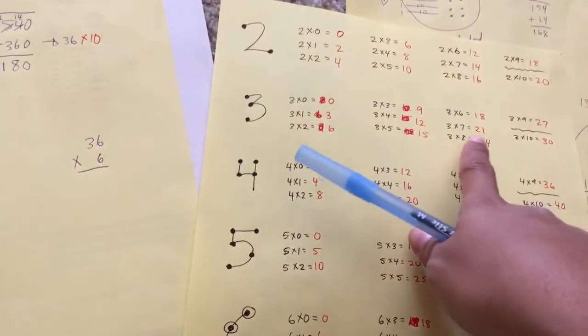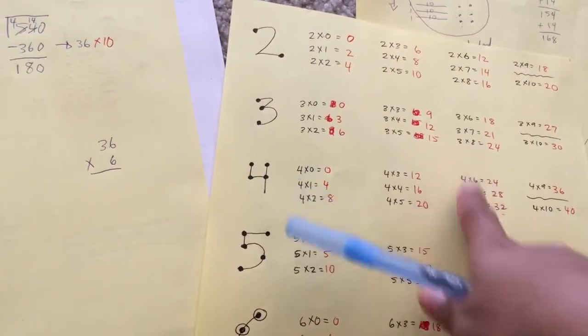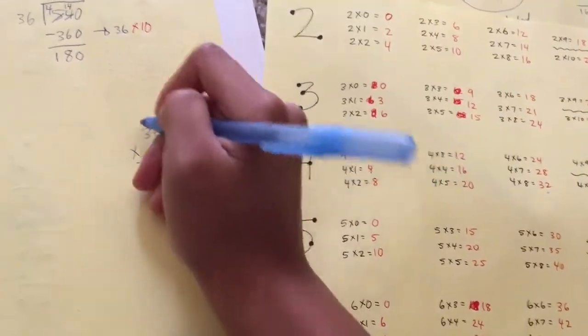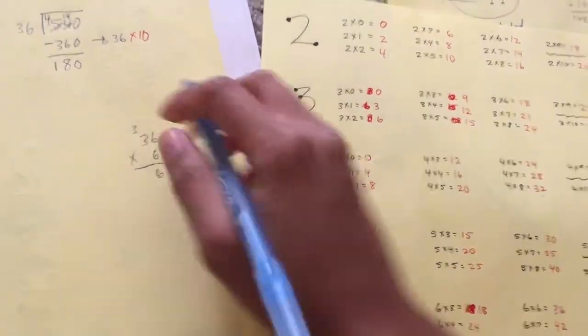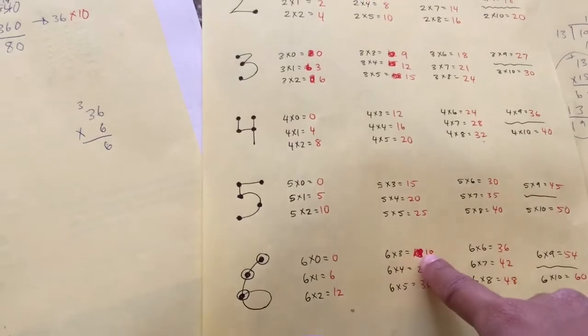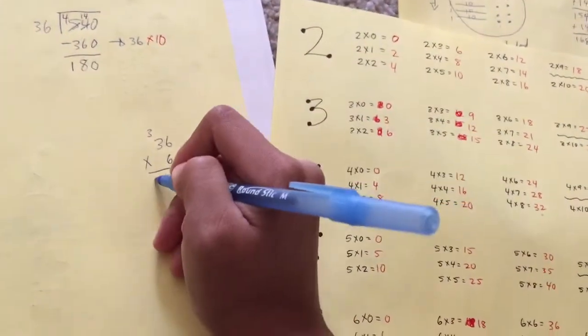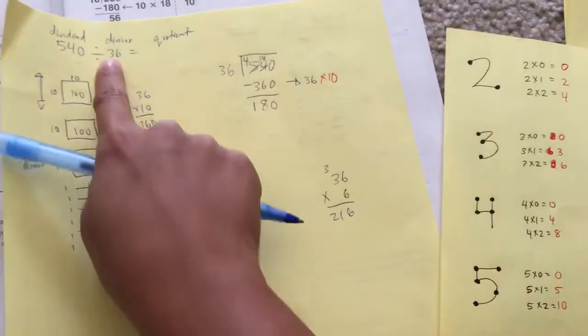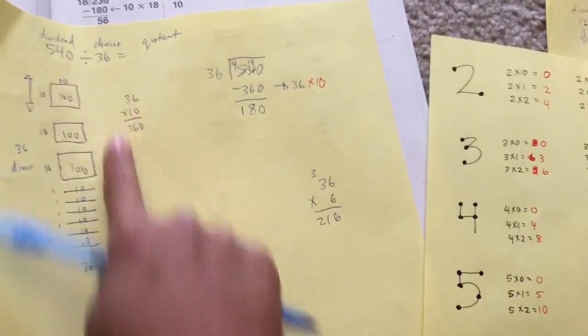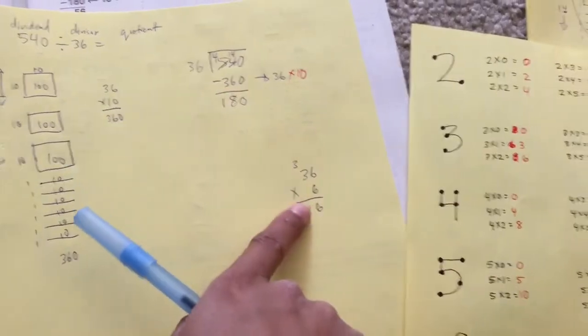6 times 6 is 36. 6 and regroup. 6 times 3 is 18. Plus 3 is 19, 20, 21. 216. We definitely cannot have 6 columns because we only have 180 and that's 216.